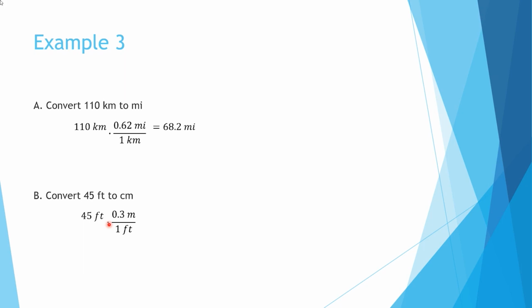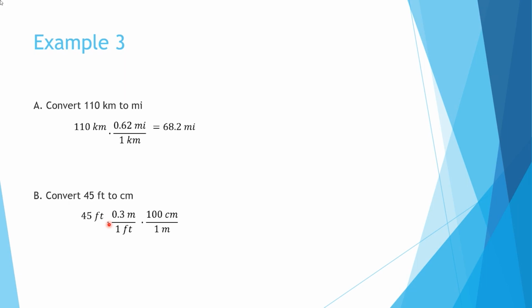So I want to convert it to meters first, and then once it's in meters, I want to convert that to centimeters. Now, with 1 meter, there's 100 centimeters.